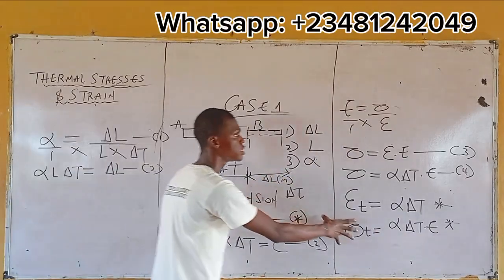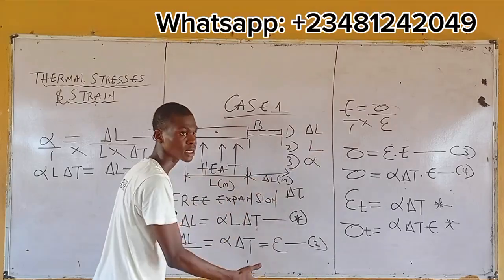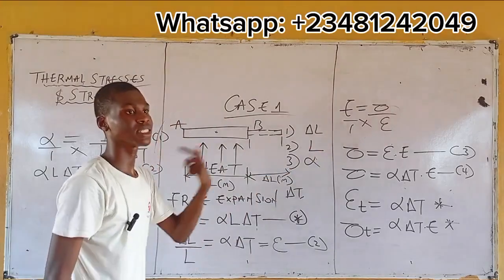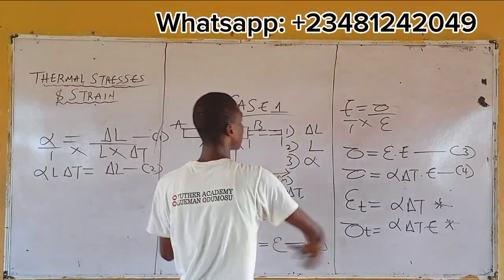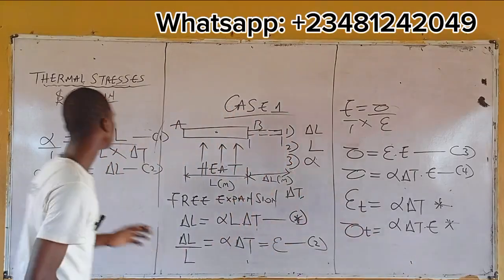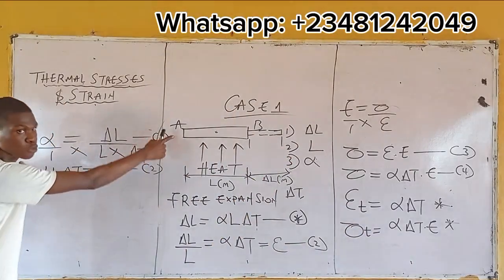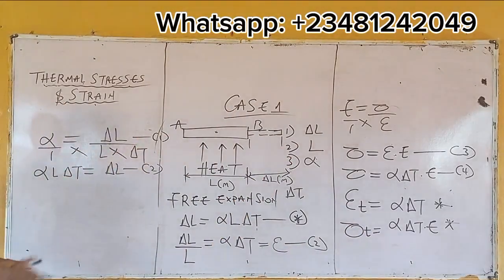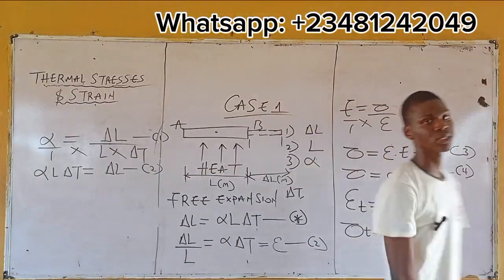We derived all these equations using the practical explanation, saying a material has its linear expansivity, its length, and change in temperature. The other way is using the linear expansivity formula, equation 1, and making change in length the subject of the formula. So from equation 2, all your derivation remains the same.